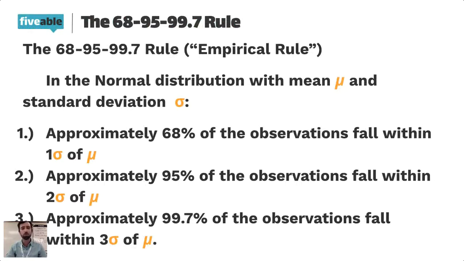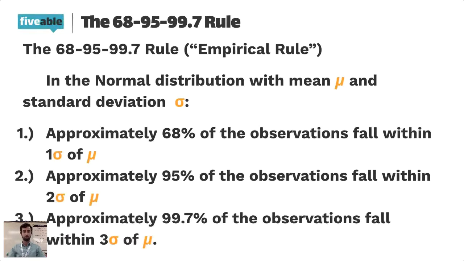But the empirical rule is pretty simple. If we have a normal distribution with an average at mu and a standard deviation of some number, if we go out one standard deviation in both directions, so we go above 1 and below 1, we're going to cover about 68% of the data. That's if our distribution is normal.